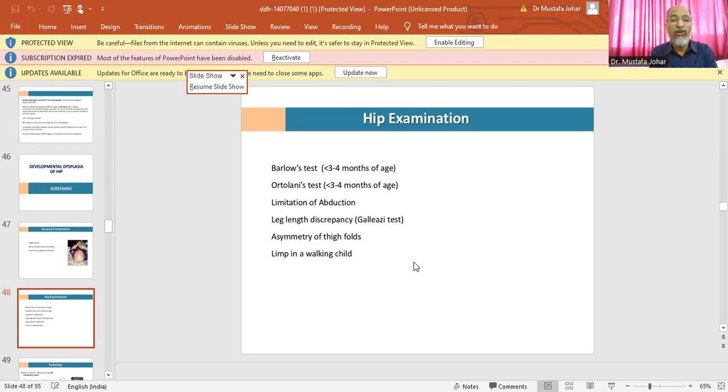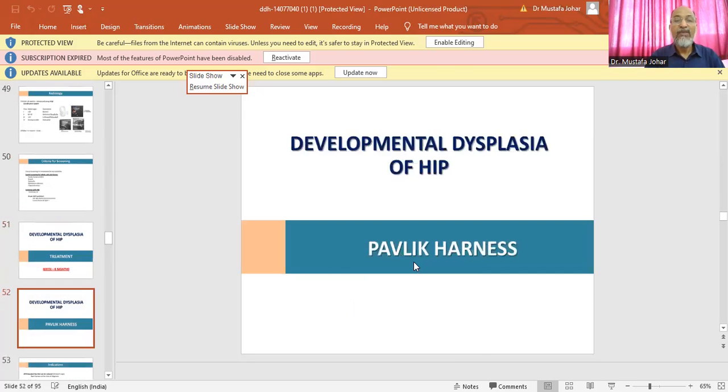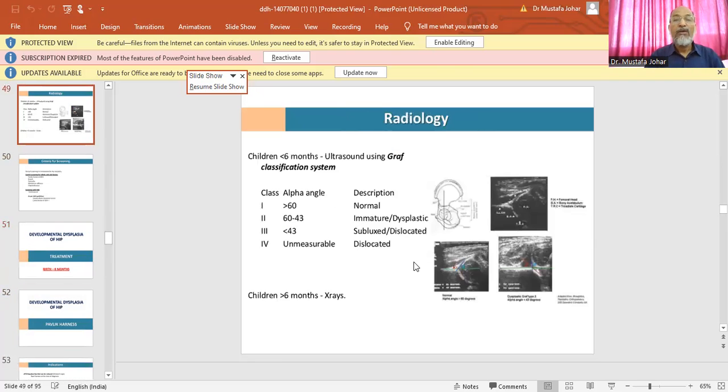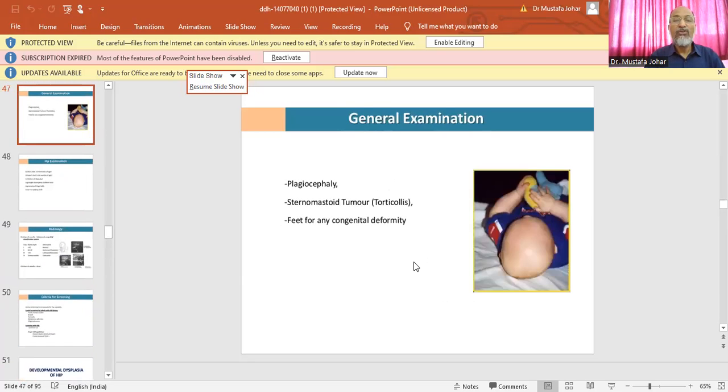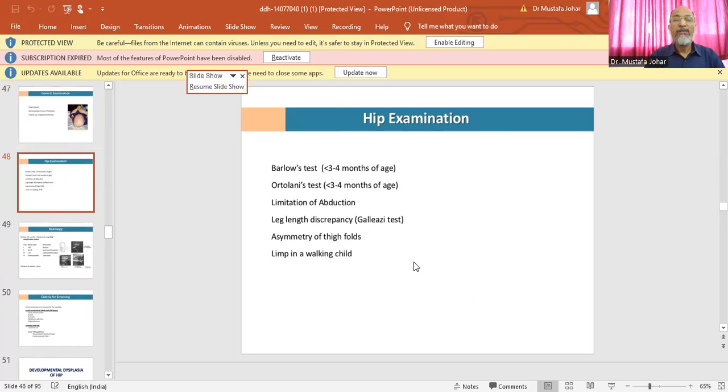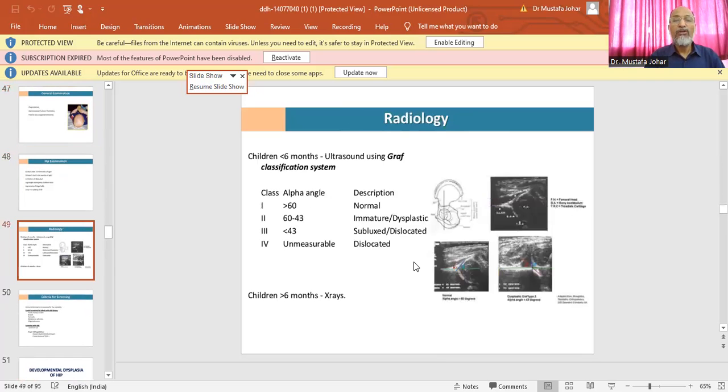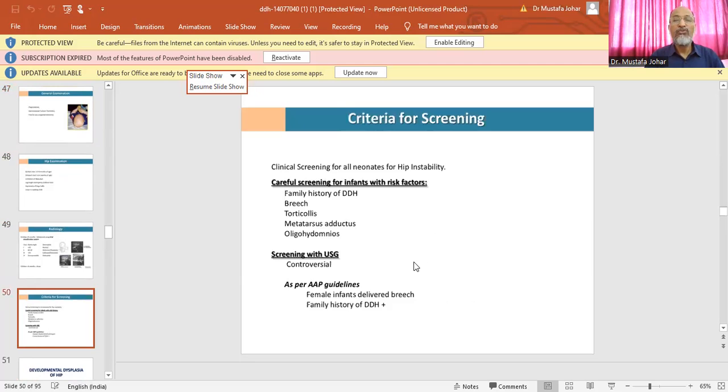Then you have thigh fold asymmetry, and you have a limp in a walking child. These are the radiological indices which are of help, but of not much interest to the undergraduates.